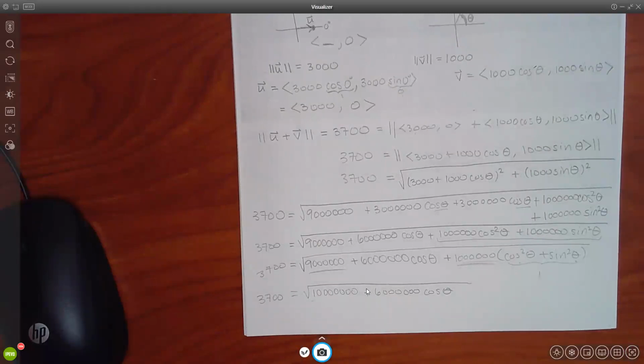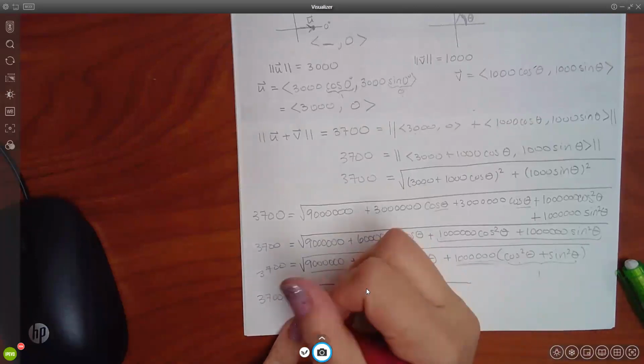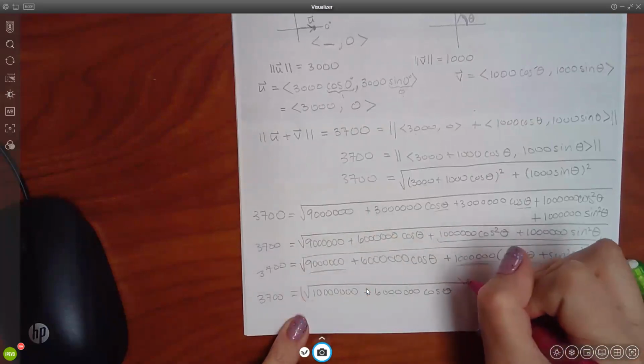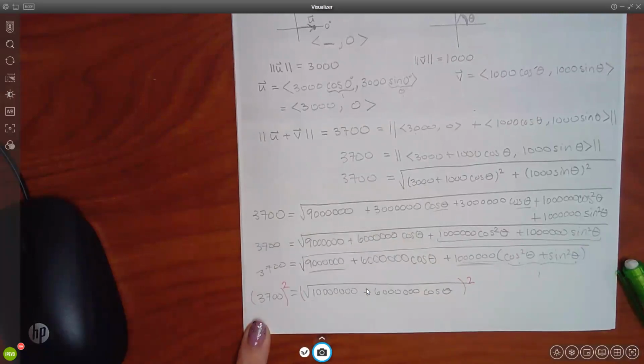Can I just minus the 10,000 and divide by the 6,000 or 6 million? Can I just do that, or do I have to do something first? I have to get rid of that house, right? How do you get rid of the house? What's the opposite of a square root? A square exponent, right? But if I square that side, I have to this side.